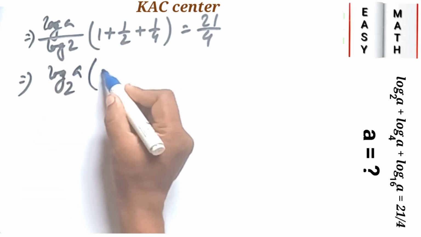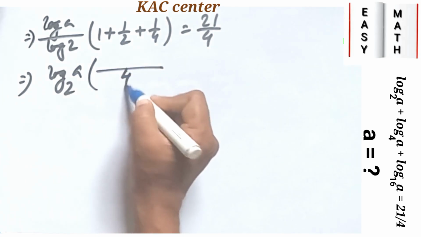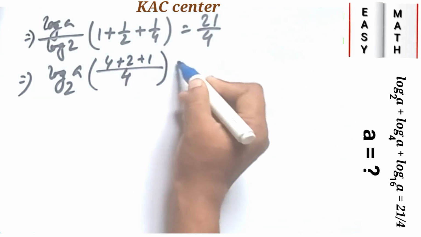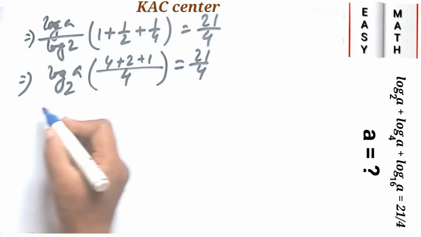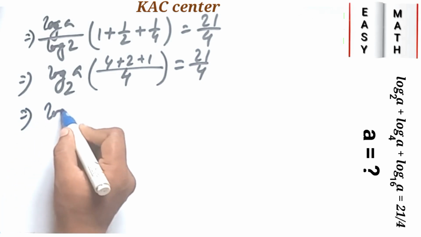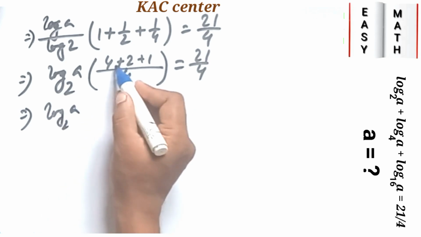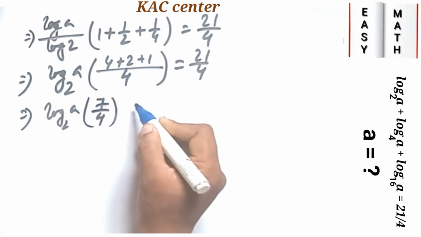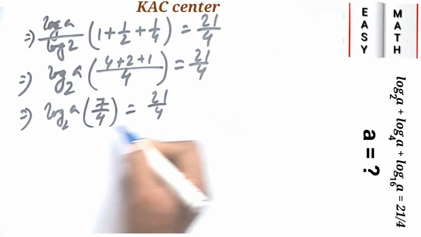We can write log base 2 of a, and now the LCM of these terms is 4, so there is 4 plus 2 plus 1, which is 7 by 4, and this equals 21 by 4.